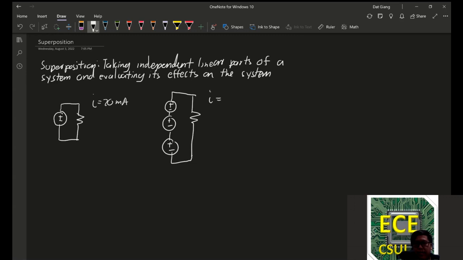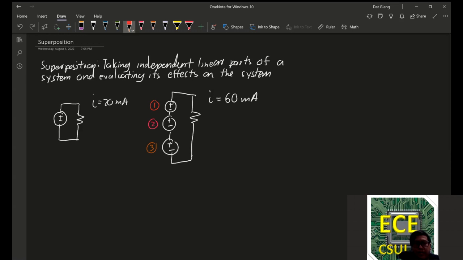So maybe, to be consistent, if there's three battery sources, it now outputs 60 milliamps. But in a similar way, what I could do is evaluate them one at a time. So let's call this one, this two, and this three.